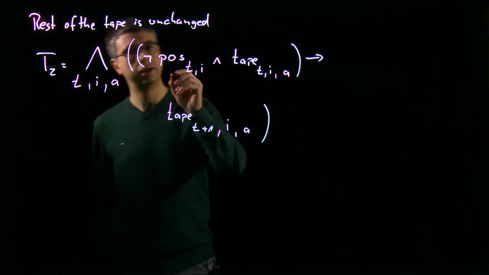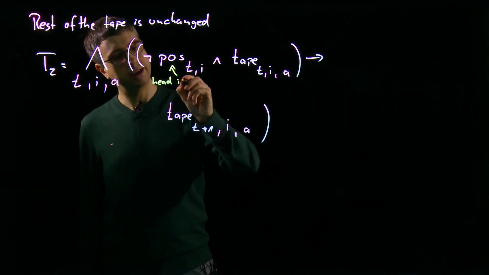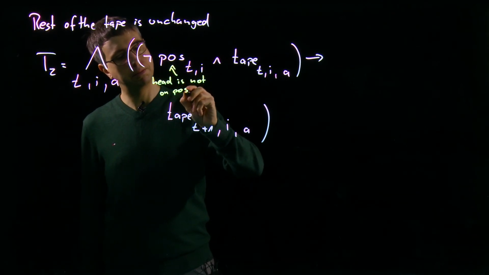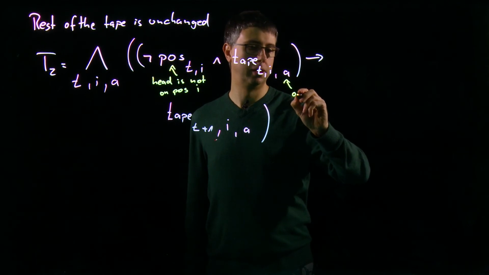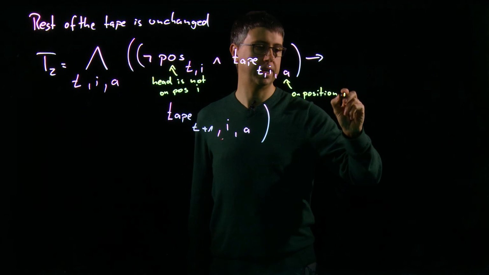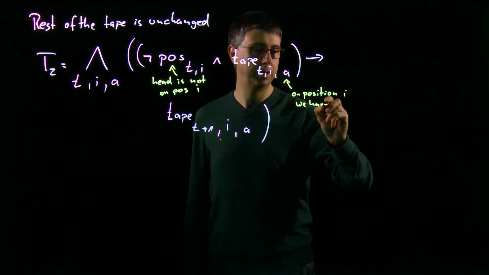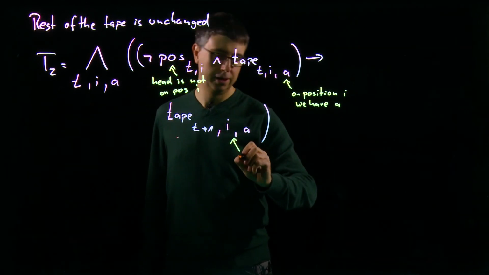So this is: the head is not on position I. Here we know we're on position I. In this cell we have an A, and here we still have an A.